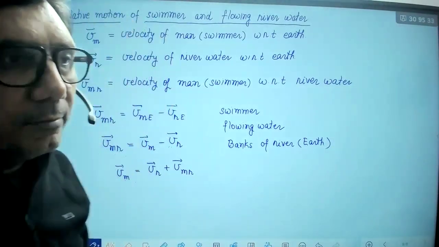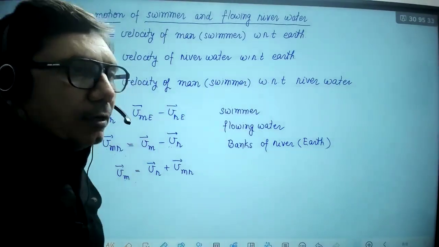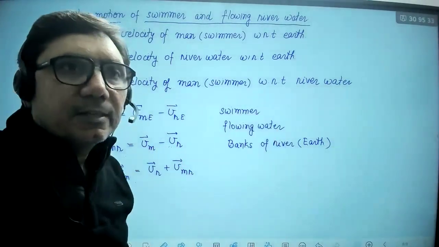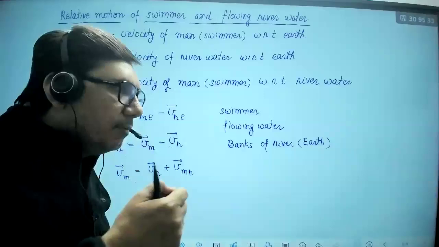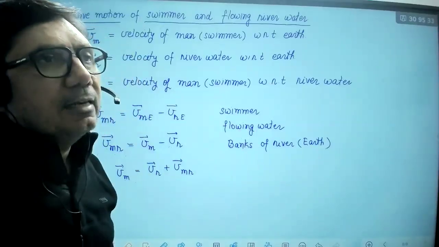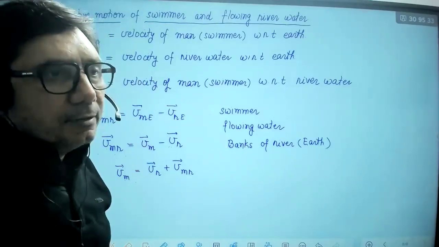River water is going to flow in the direction of the river. Second, there will be a direction in which this person will try to move with respect to the water. That will be VMR, velocity of the man with respect to river.